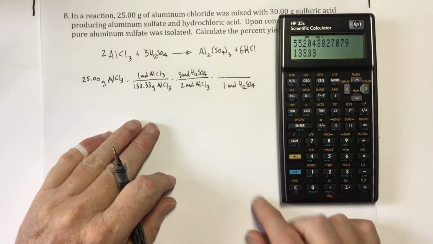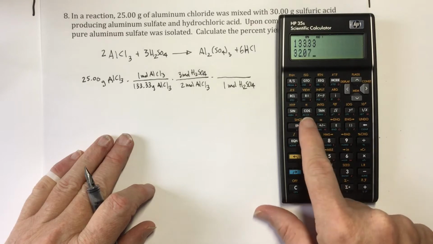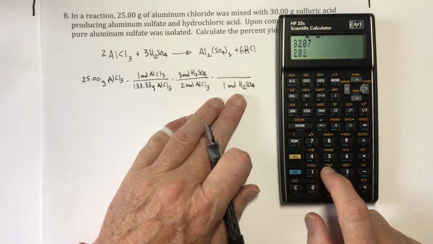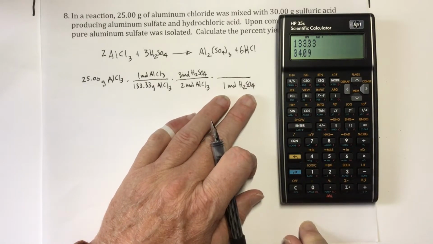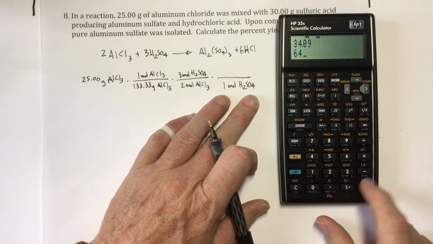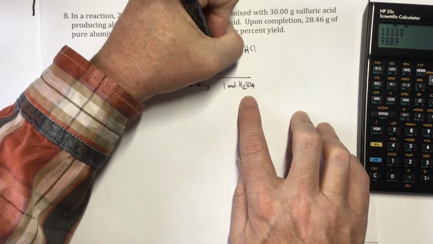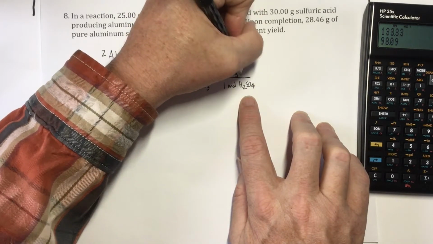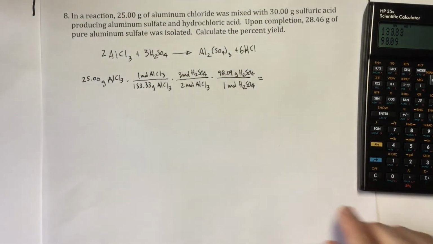I do not know, but I know that sulfur here is 32.07. Hydrogen is 1.01 times 2, that's 2.02. Add those two together. And SO4, I already did the sulfur, I need 4 oxygens, that's 64. 98.09. And that is grams of H2SO4.